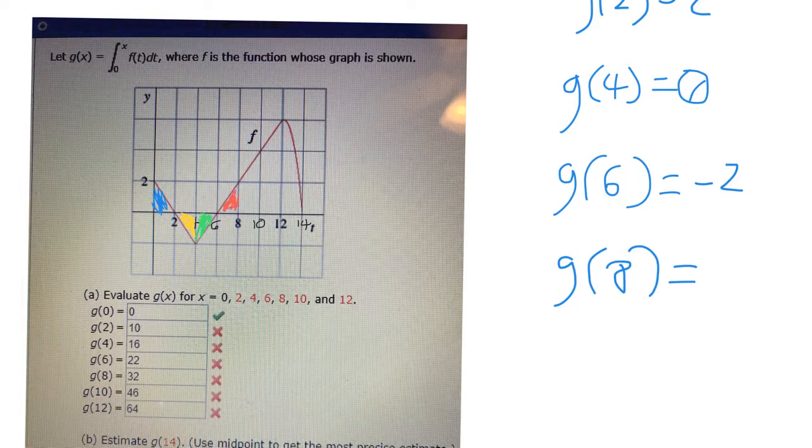Well, guess what? As my student at home probably can see, this red triangle cancels out this green triangle. These two triangles canceled out each other. So everything cancels everything else out. So therefore we have, once again, 0 as the cumulative area under the curve.